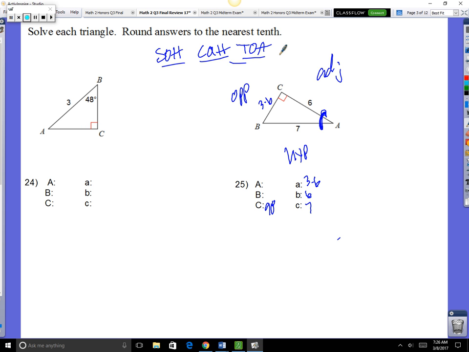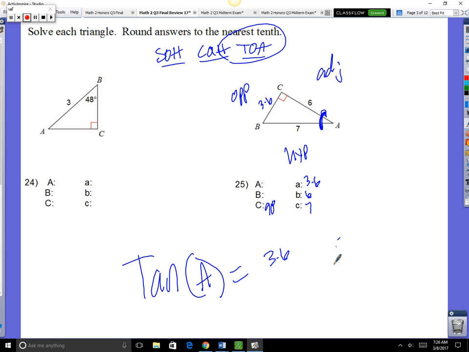So if I want to use tangent, I'm going to do tangent from where I'm marking from angle A. I don't know what it is, so that's the unknown. But I know the fraction for tangent, the opposite has to go on top. So that is my 3.6, and the adjacent has to go on bottom, and that's 7. So there we go. That is your trig ratio.